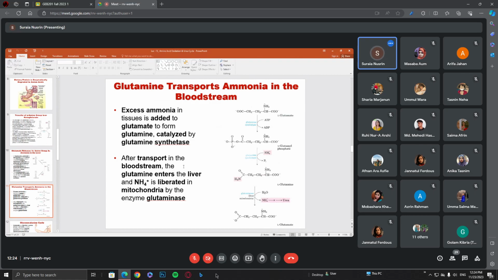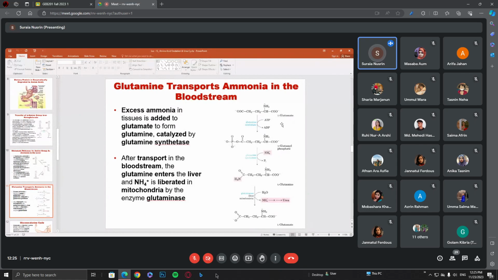And when the glutamate receives an additional amino group, it becomes glutamine, and that reaction is catalyzed by the enzyme glutamine synthetase. If you remember, we already learned this reaction, but from a different perspective. We learned it to understand the role of ATP in a biochemical reaction.